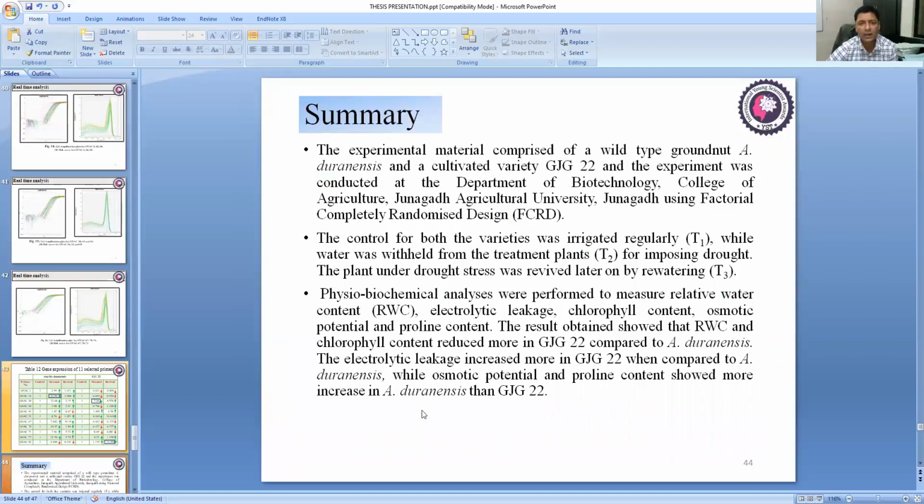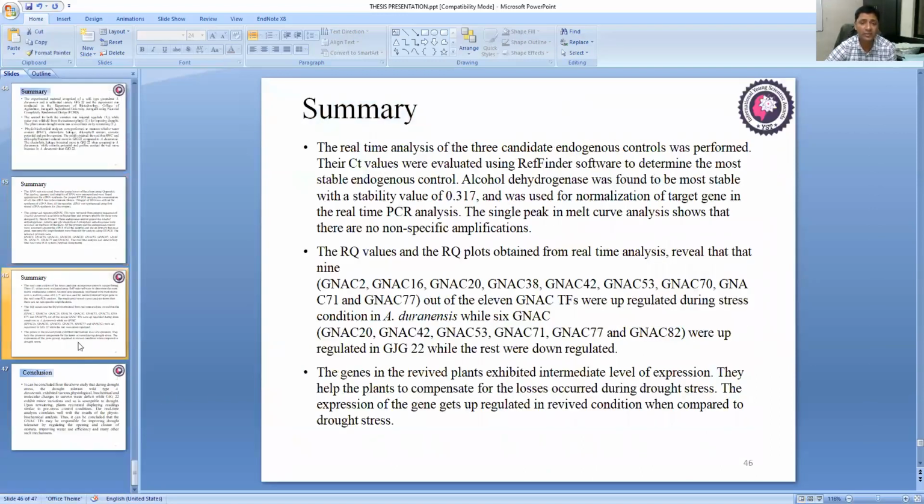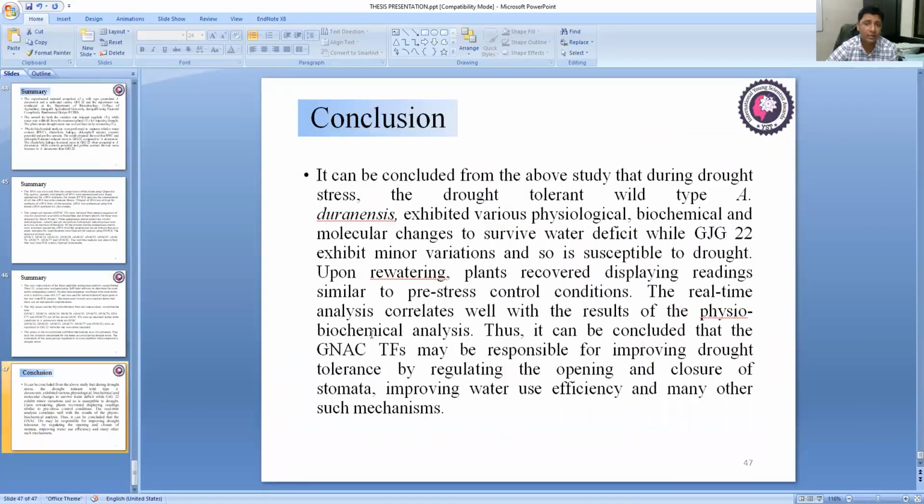So I can say that in this experiment, the wild cultivars and the cultivated varieties can be key features from which you will get certain genes that may be regulated while you are imposing the stress.